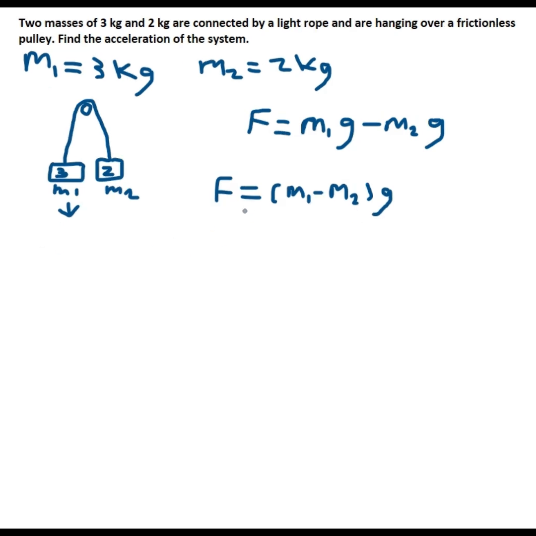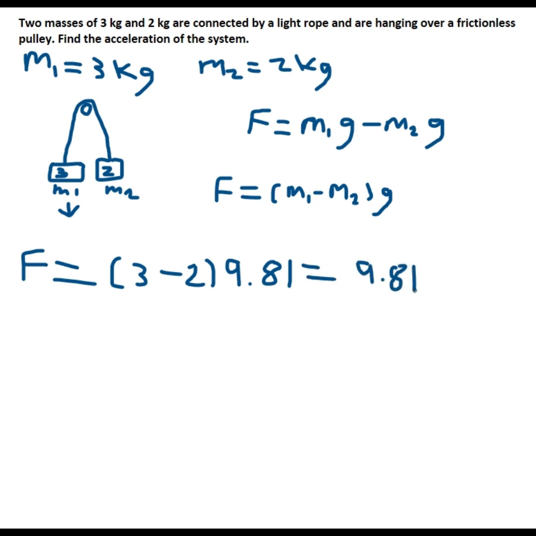Now let's solve for the net force by plugging in the variables. So it is equal to 3 kilograms minus 2 kilograms times 9.81 meters a second squared. And this is just equal to 9.81 newtons. I should note that because everything was in the SI units, so we have kilograms, the gravity was in meters a second squared, the force will be given in SI units as well, which is newtons.